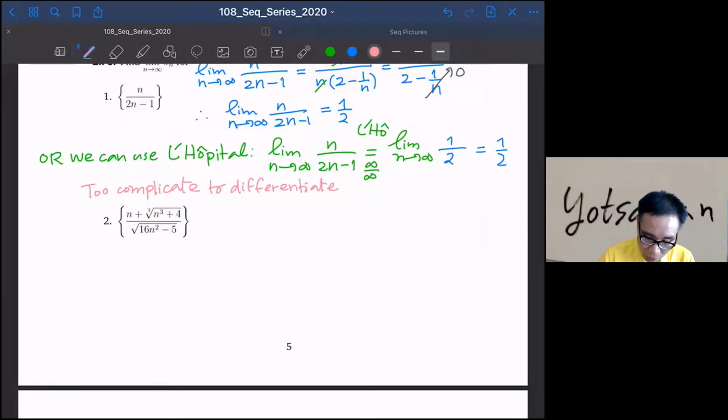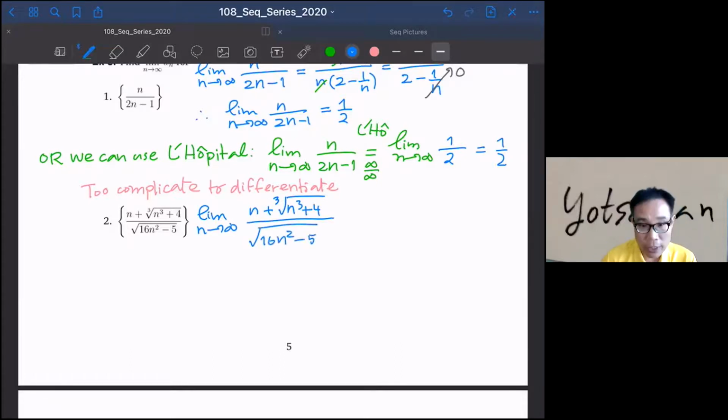The way to simplify is you have the limit as n goes to infinity of n plus the cube root of n cubed plus 4, over 16n squared minus 5.